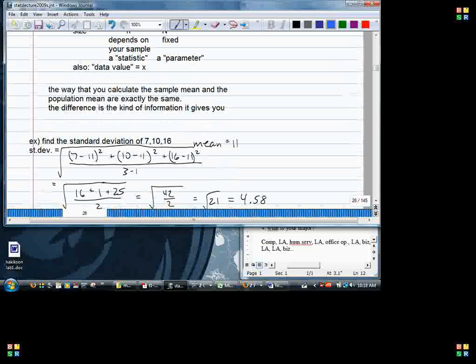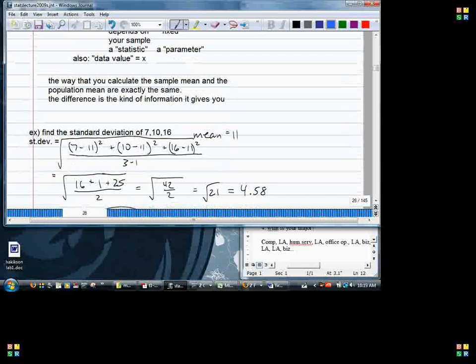So now let's write down our answer to this question using our new notation. How can we write down our answer using notation? We want to say the standard deviation is, but how do we write that?